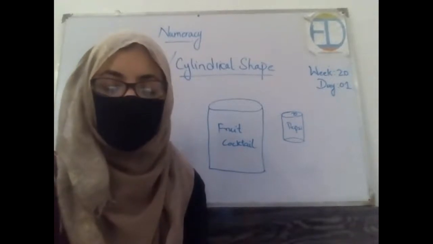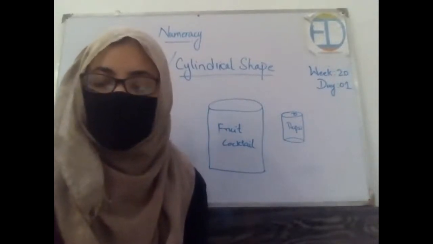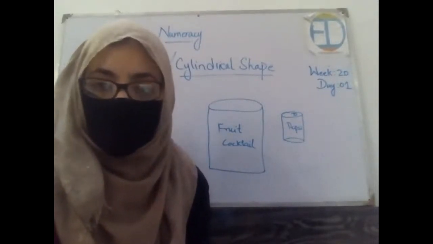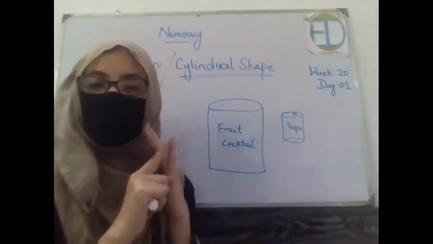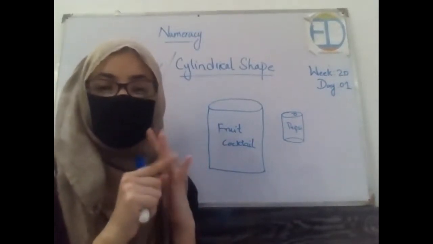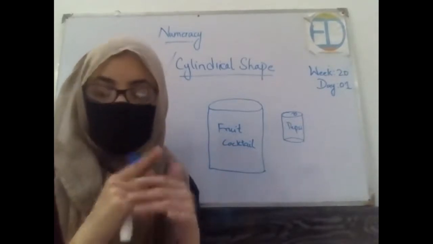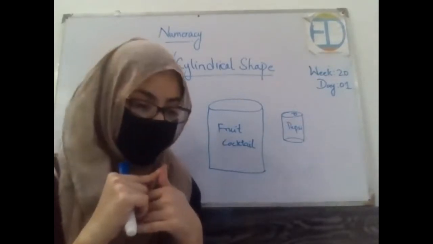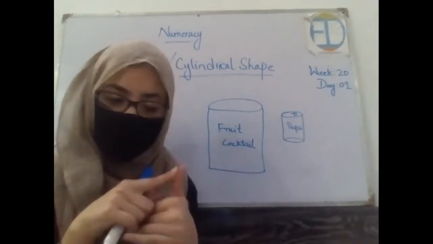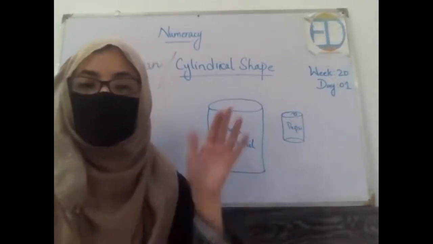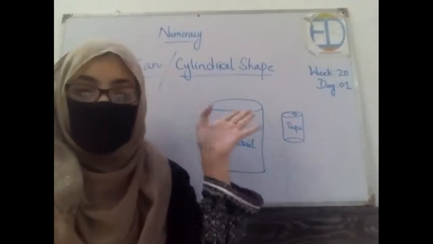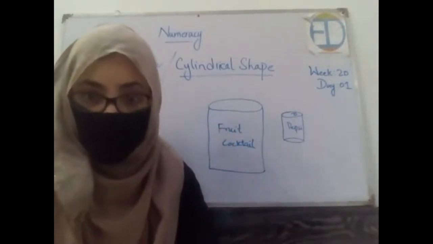Four. Excellent. Okay, who is going to tell me the names of them? We started with a square, yes. Then we talked about a circle, a triangle, then a cone, and now in today's class we will be discussing the can or cylindrical shape, right?